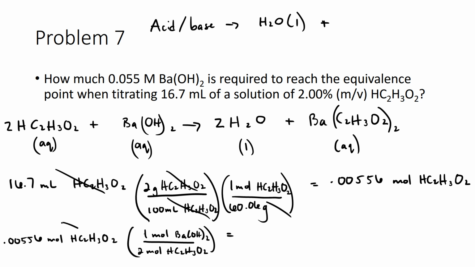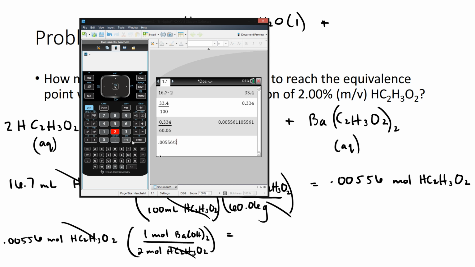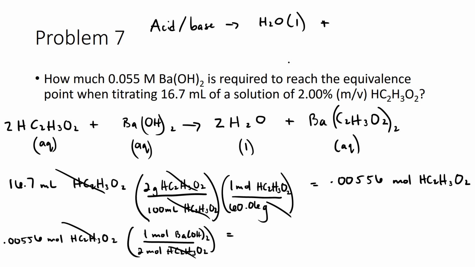So if we divide this out, these units will cancel and our answer will be left in moles of barium hydroxide. So we'll do that. 0.00556 divided by 2 is going to give us 0.00278. And that is in moles. Now we have to go from moles to milliliters, and we'll do that on the next slide.